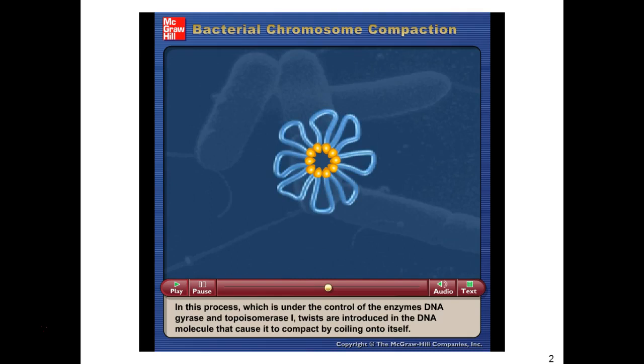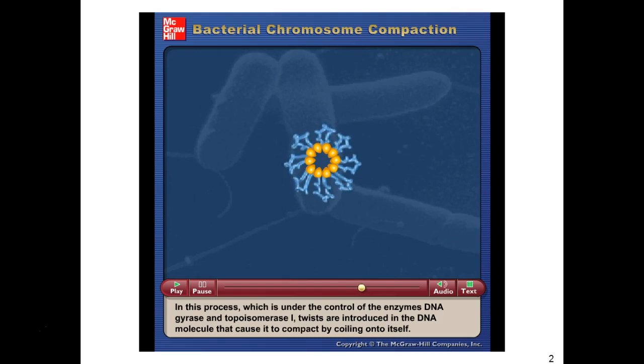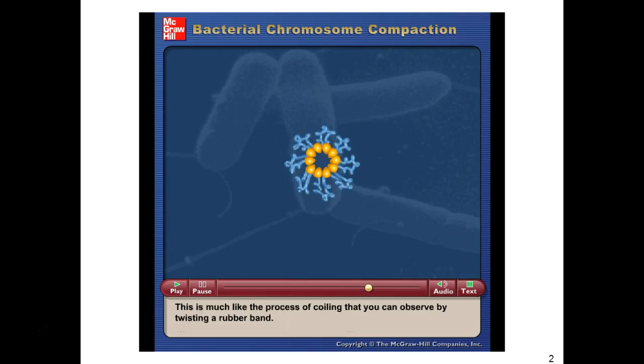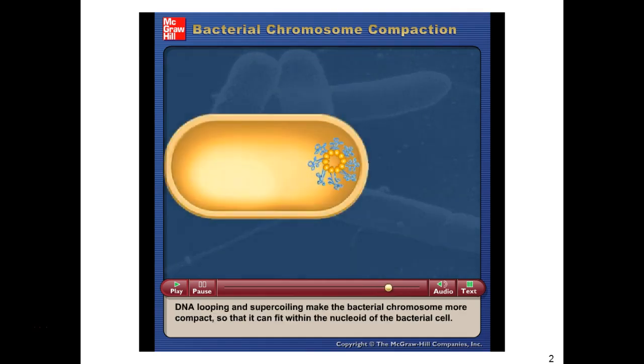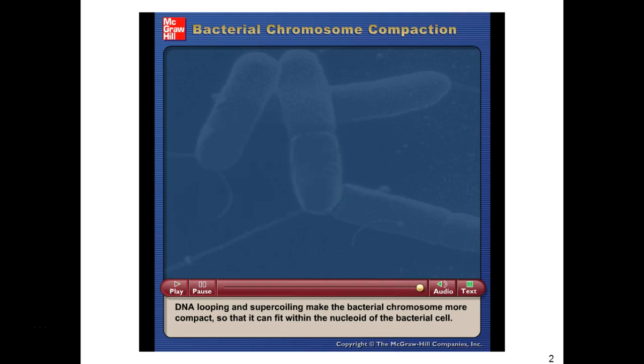In this process, which is under the control of the enzymes DNA gyrase and topoisomerase 1, twists are introduced to the DNA molecule that cause it to compact by coiling onto itself. This is much like the process of coiling that you can observe by twisting a rubber band. DNA looping and supercoiling make the bacterial chromosome more compact so that it can fit within the nucleoid of the bacterial cell.